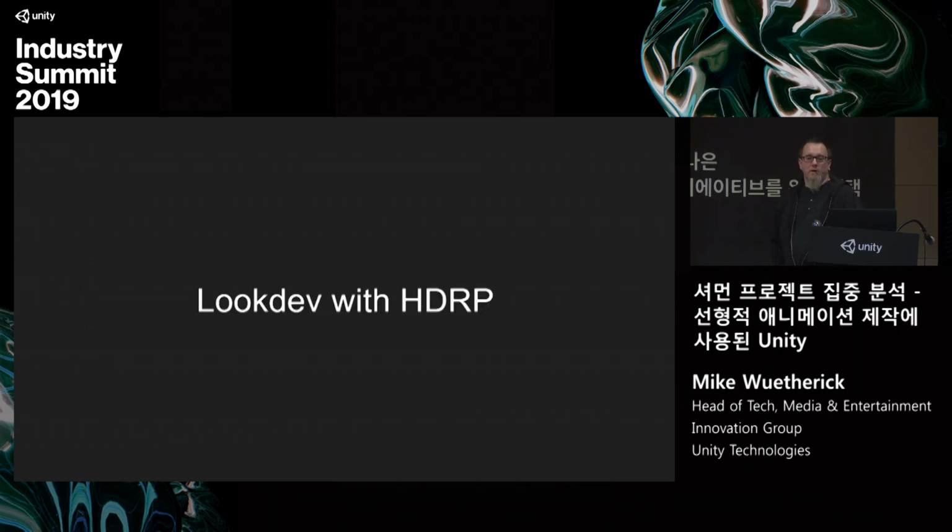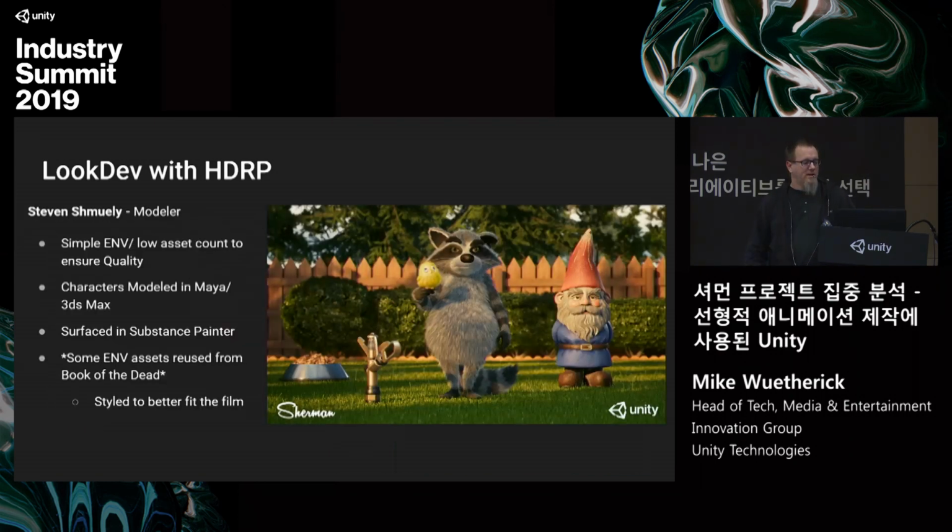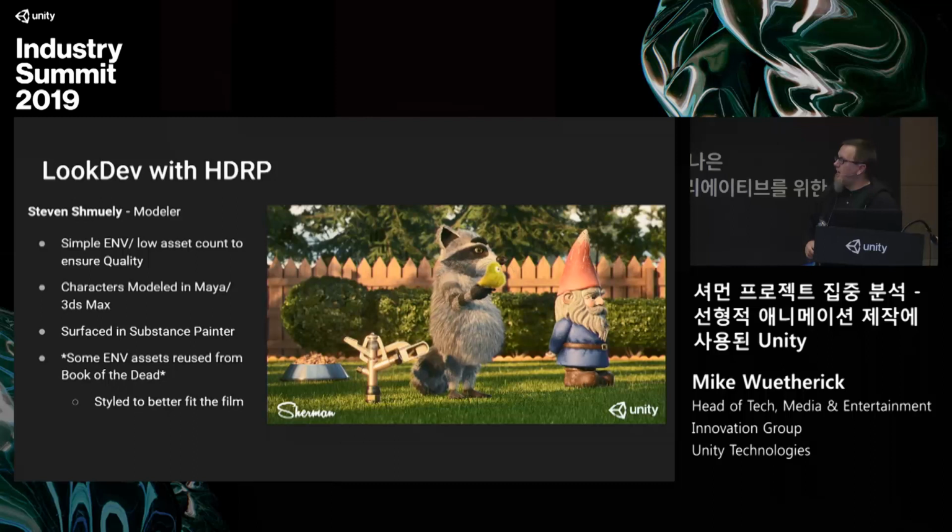One important thing when you're moving to real time is how you do your look dev. This is probably one of the biggest changes: how do you make something achieve the visual style? First, we set our bar very high. We wanted to be as good as DreamWorks or the Disneyland commercial. We'll see if we got that high, but that was the goal.